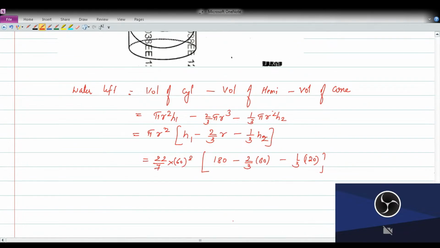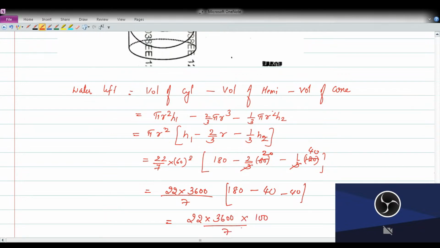Now this is equal to 22 into 3600 divided by 7 into 180 minus 40 minus 40. So that will become 22 into 3600 into 100 divided by 7.